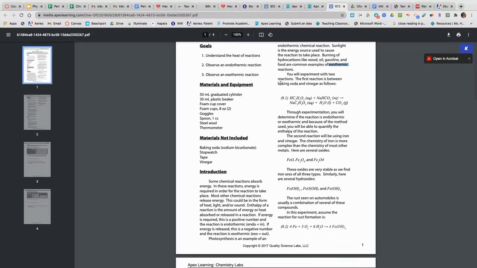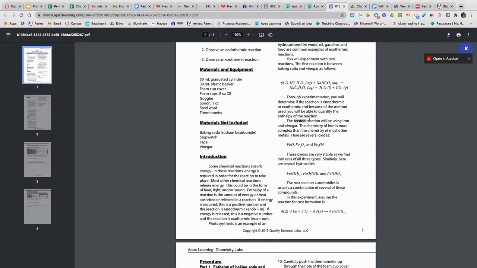So in this lab, you're looking at the baking soda and vinegar reaction. This is the chemical equation for the baking soda and vinegar reaction. Okay, so this is your baking soda here, sodium bicarbonate, and this is your vinegar.